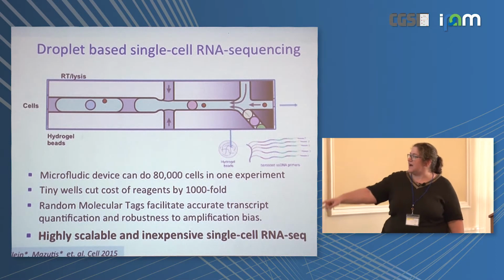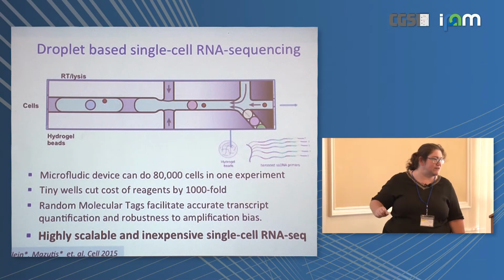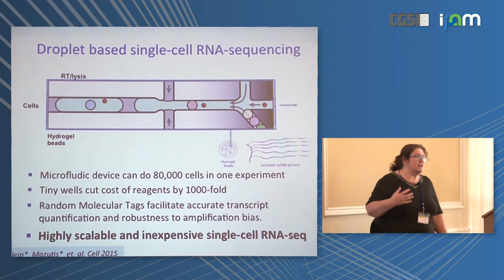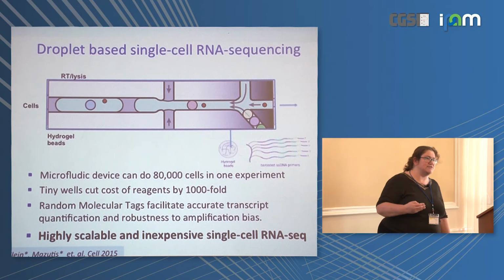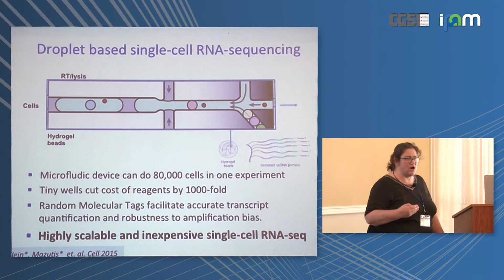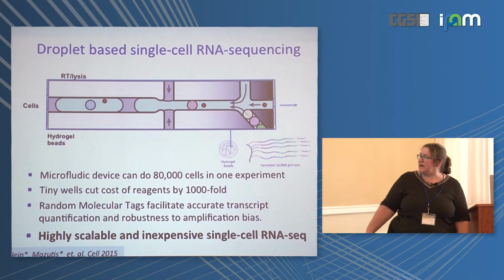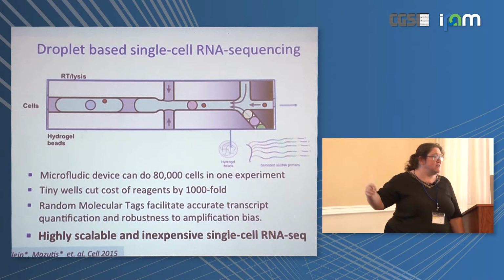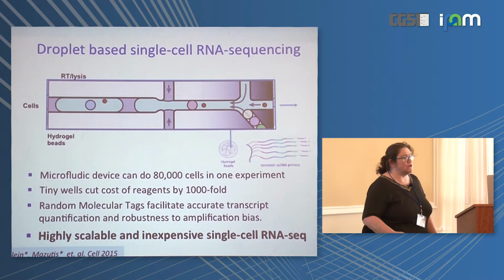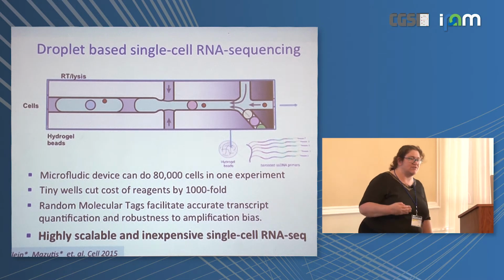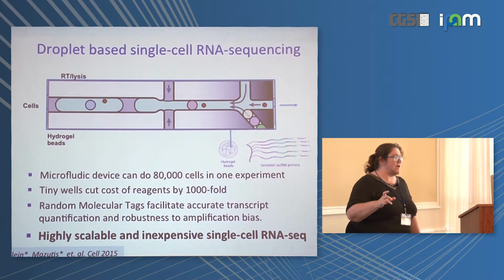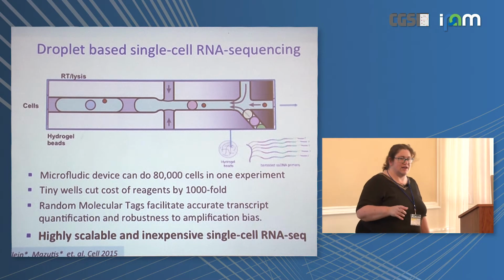These primers have a cell-specific barcode, so that any read that we sequence will be identified to that particular cell, so we know where that read came from, and a random molecular tag so that we can count molecules. So after amplification and everything else, we know that this came from the same unique RNA molecule.